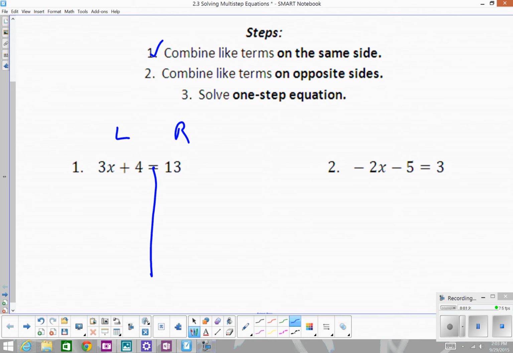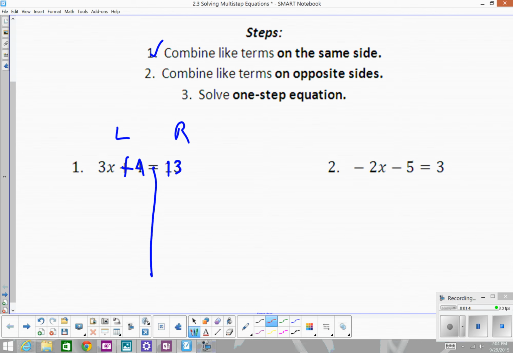Now it says combine like terms on opposite sides of the equal sign. Do I have like terms on the opposite sides? Well, I have a positive 4, and I have a 13. If I have a positive 4 and a 13, I want to move them all to the same side.